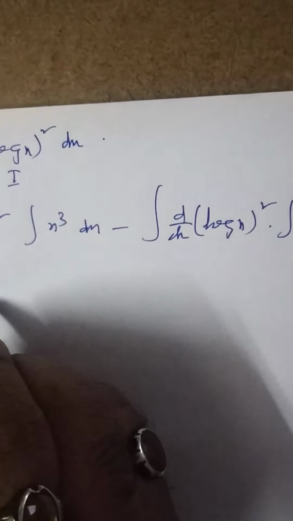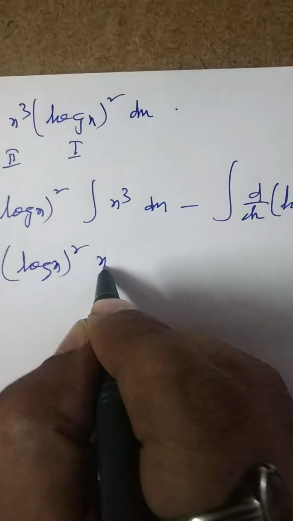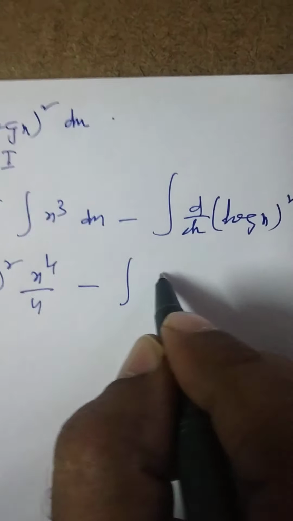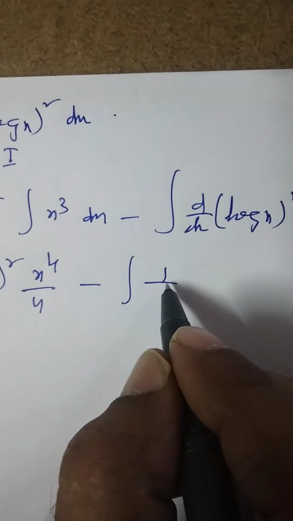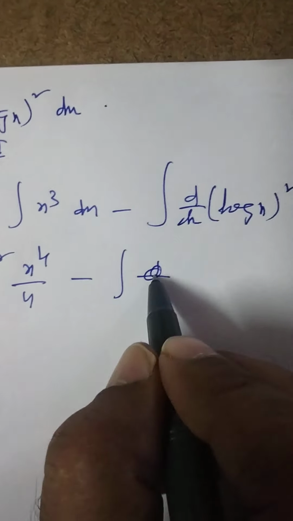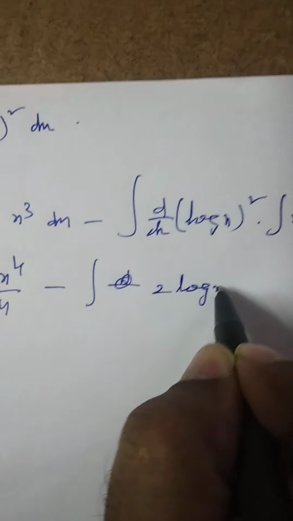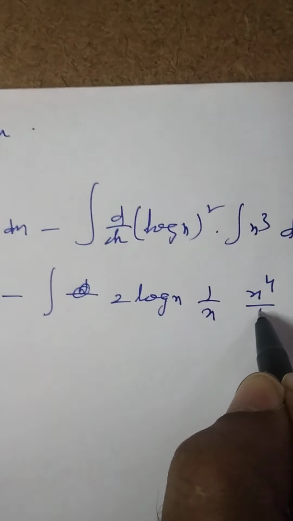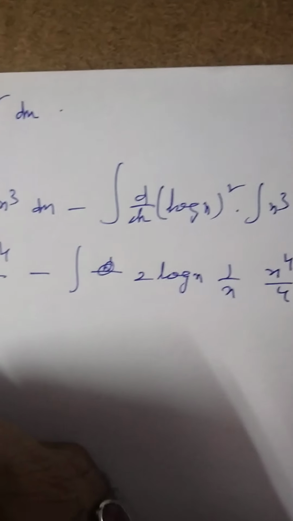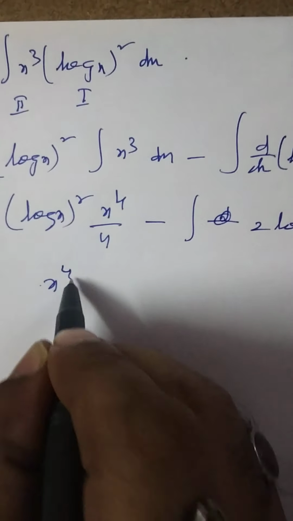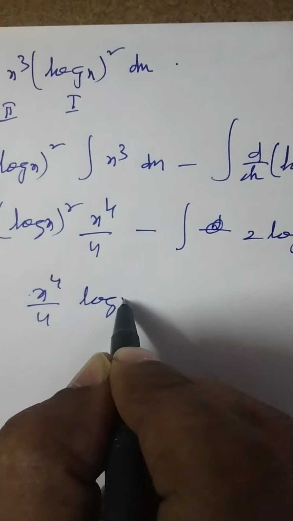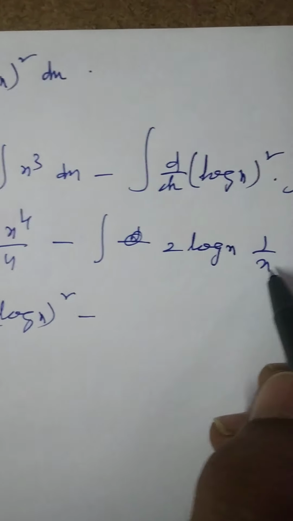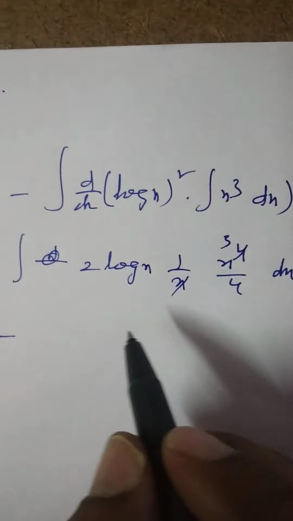So log x whole square, here integration is x power 4 by 4, minus integration of log x derivative is, so 2 log x into log x derivative is 1 by x, x cube integration is x power 4 by 4 dx. So here x power 4 by 4 into log x whole square minus, so here this 3 times.